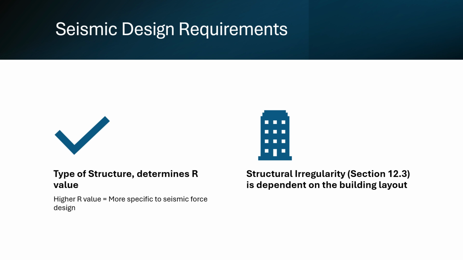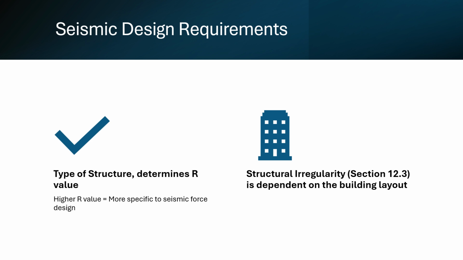And then section 12.3 is structural irregularity and diaphragm flexibility. This is important. If you have a horizontally irregular structure, you have to follow certain caveats. You have to put a little bit more mass or distribute the forces a little bit differently. So it's important to check whether you have irregularity.